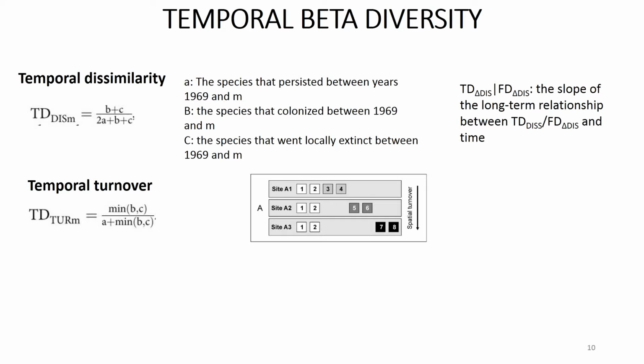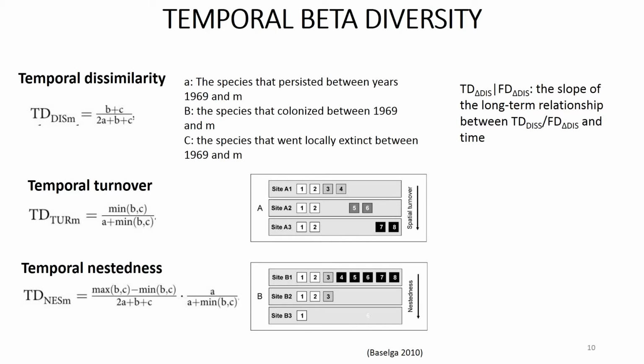They also considered other patterns of beta diversity, including the temporal turnover. The turnover pattern is where some species on one side are replaced by other species on the other side, and the nestedness pattern means some species occur at one side but disappear at another side.